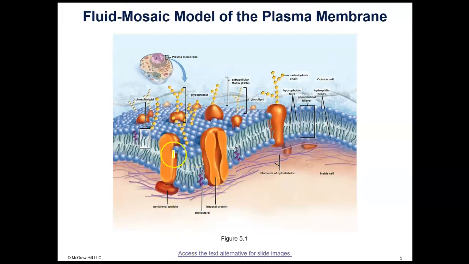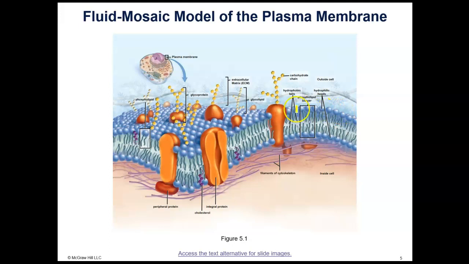So here is the fluid mosaic model of the plasma membrane. As you can see, we've got 2 layers of phospholipids, a phospholipid bilayer, and the heads are represented by these blue spherical structures. To me, a phospholipid looks like a balloon with 2 tails, with 2 strings hanging down from it.